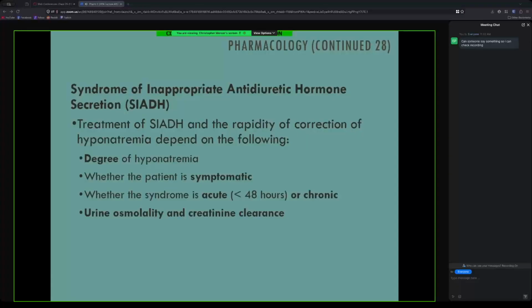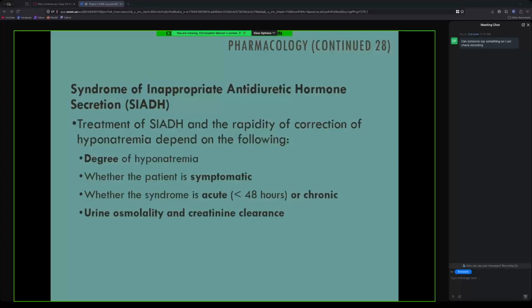There are four factors we're going to look at to determine the treatment and the rate at which we want to correct the disorder. We need to look at the degree of hyponatremia. How low is that sodium? Is the patient symptomatic? Are they severe, i.e., are they having seizures, comas?